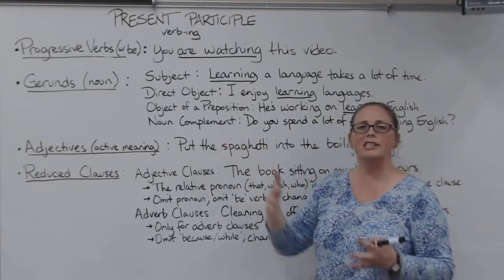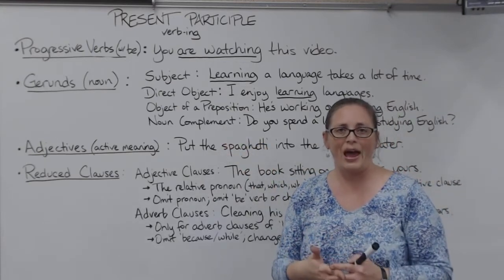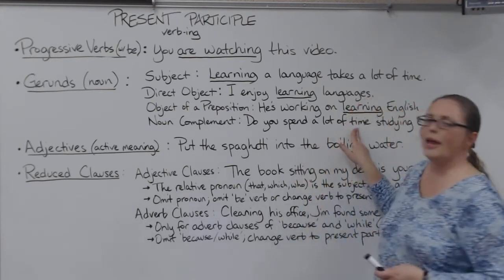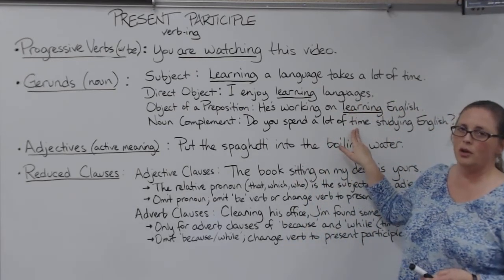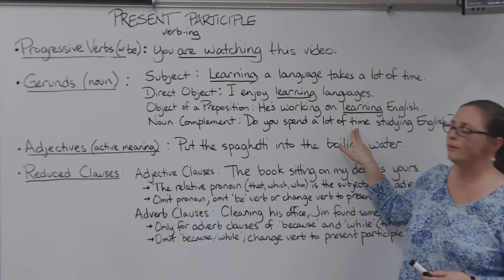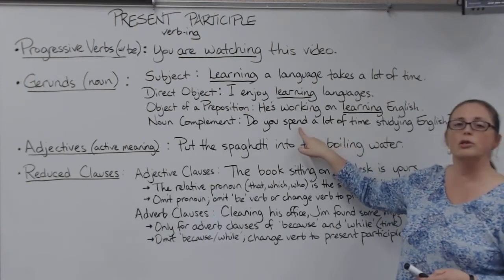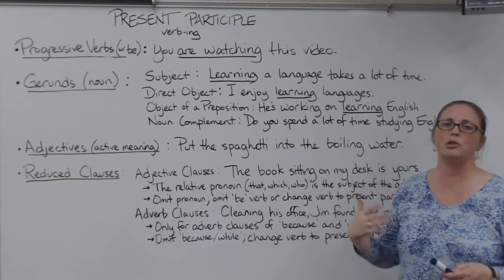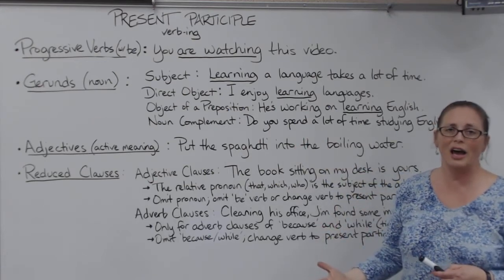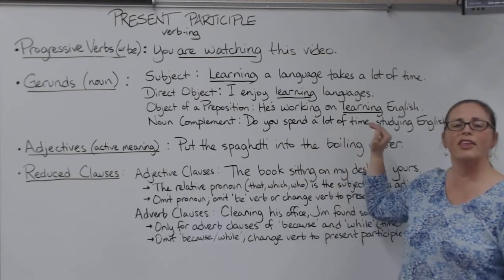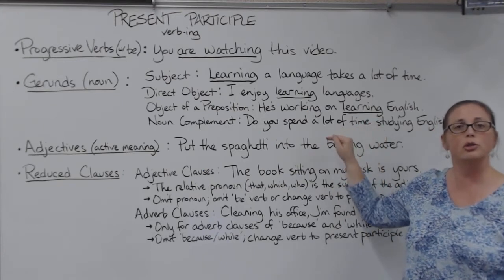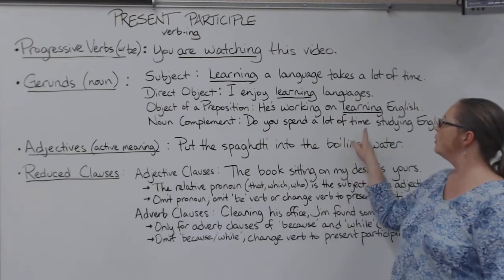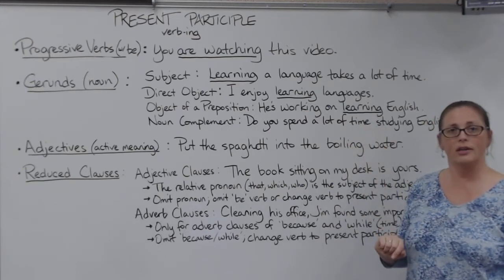You can also use it together with some nouns in English. The noun time can be used with infinitives also. Do you have time to help me? But when you're using it with spend, to spend time, to waste time, and you want to then give the action that you are doing at that time or during that time, you're going to use the gerund.